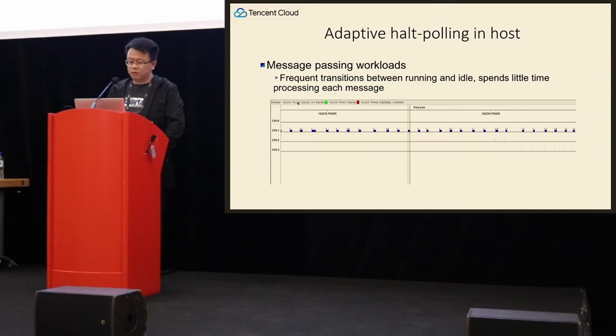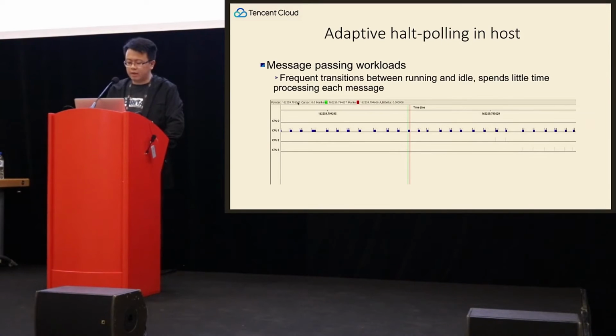When the OS is idle, it will execute the halt instruction, which can trap to the hypervisor. The host scheduler can schedule the vCPU out. So there is a VM exit and the schedule-out penalty. Can we optimize these two penalties?